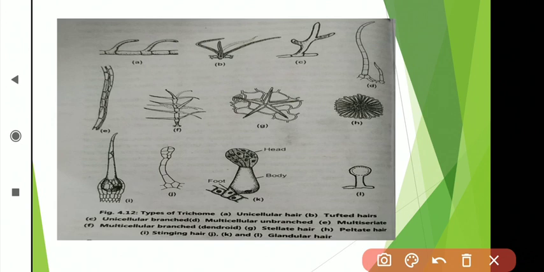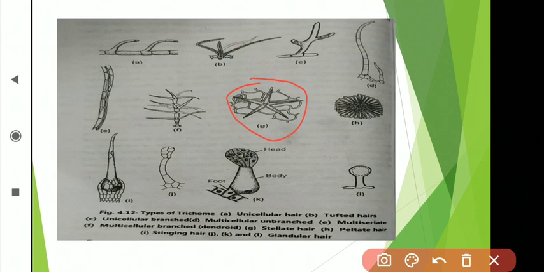That is H diagram, which shows a scale-like structure. A common type of trichome observed in members of family Malvaceae is stellate hair. Stellate hair, that is G. This one is a stellate hair, which is generally star-shaped hair, found in Hibiscus species.